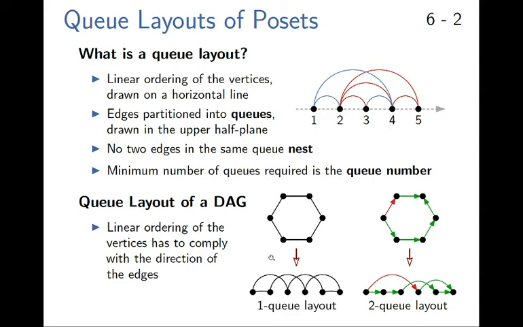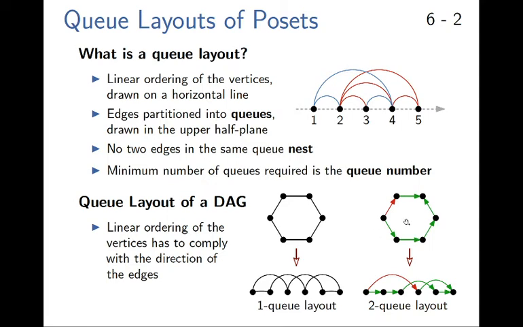You can here see that this direction of the edges makes a difference. So this is just a cycle of length 6, and with a bit of fiddling around you can manage to squeeze it into a 1 queue layout, just using 1 queue. There are no edges nesting. If you now have directions on the edges, then it may happen that you need more than 1 queue.